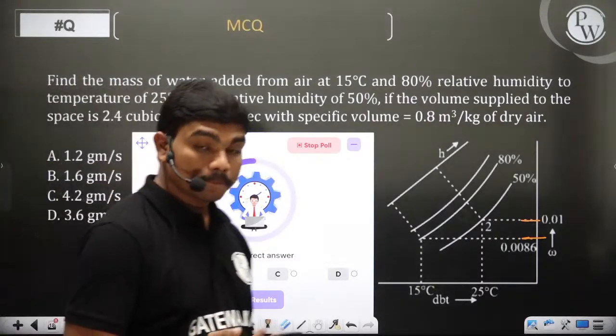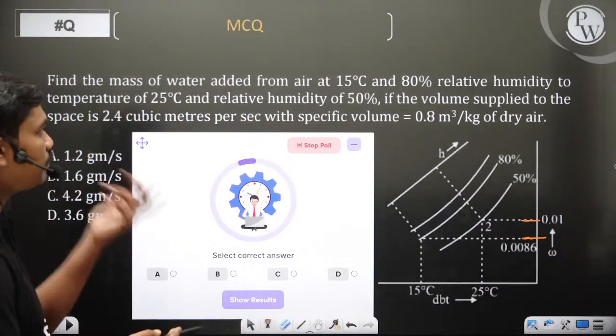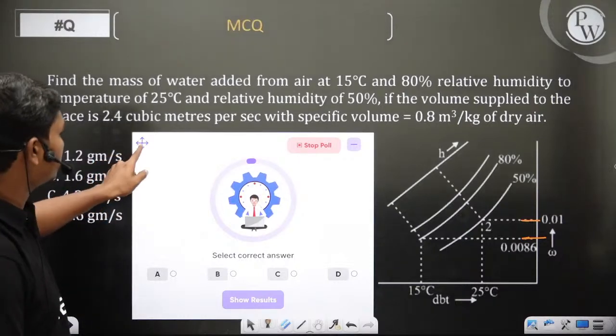Come on, quick. Maybe this can be a 1 mark question in GATE exam. Okay, so anyway, let's see.